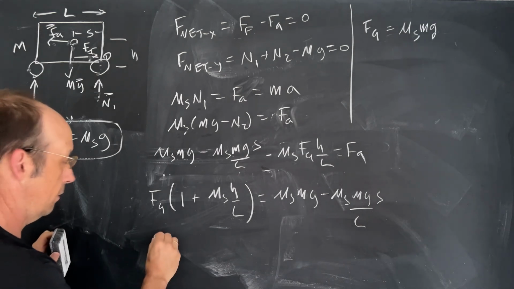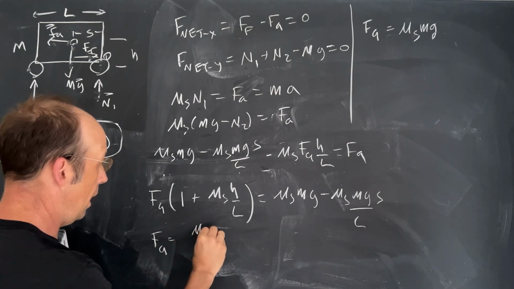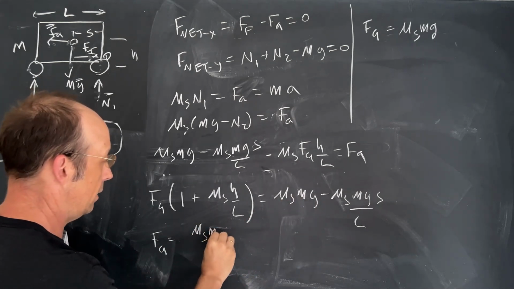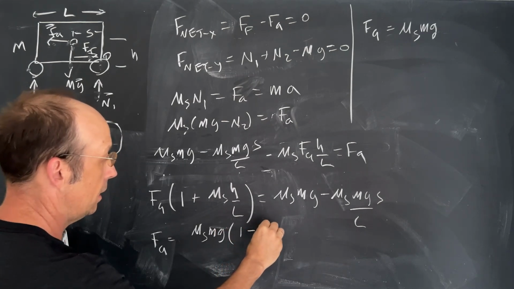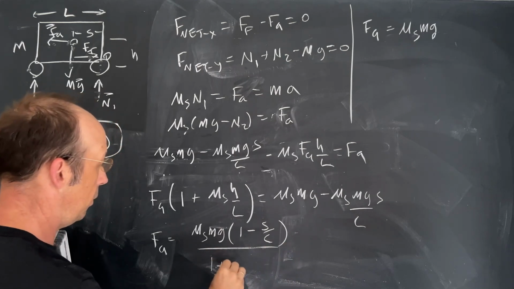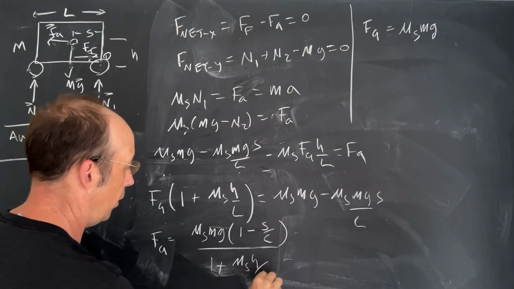Okay. Fa is mu s. I can factor out the mu s mg. Mu s mg times 1 minus s over L divided by 1 plus mu s h over L.